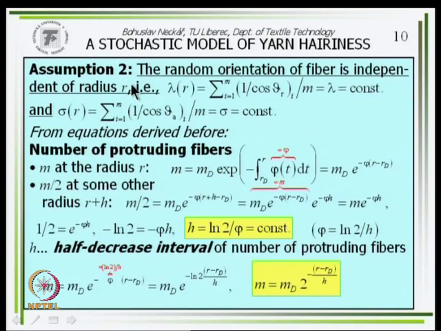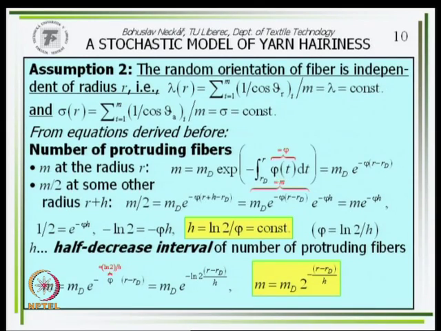Assumption 2. The random orientation of fiber is independent of radius. Our fibers, or fiber segments, theoretically infinitesimally small fiber portions, in a disordered radius, have very different directions. It is difficult to formulate some probability density function of orientation of fibers in the hairiness sphere. Each fiber has another direction.